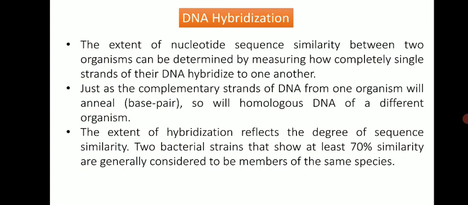So the extent of nucleotide sequence similarity between two organisms can be determined by measuring how completely single strands of their DNA hybridize to one another. By using this hybridization principle, we can identify unidentified microbes.